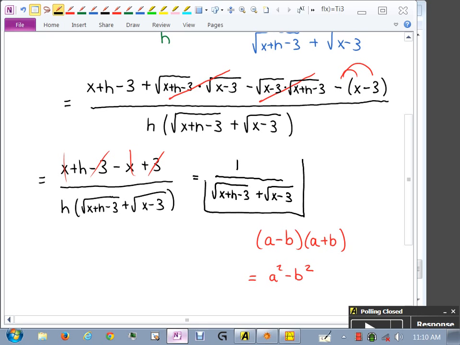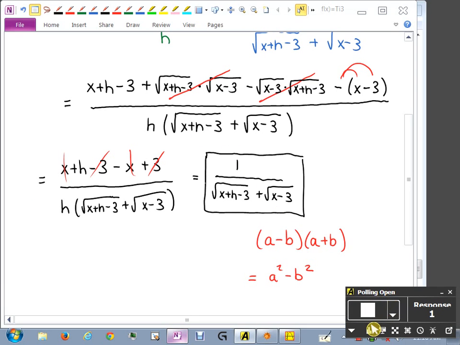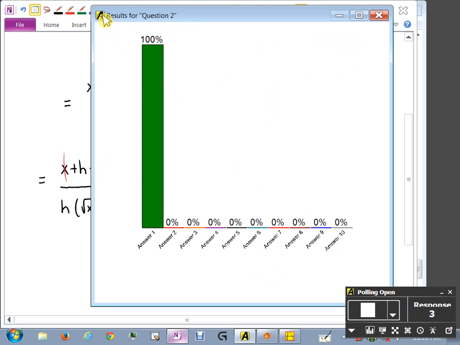And we're done. Why are we done? Because we got the h to cancel, which I told you is the entire goal of the difference quotient for us in this class. All right, let's just take a look real quick, make sure everybody followed that.